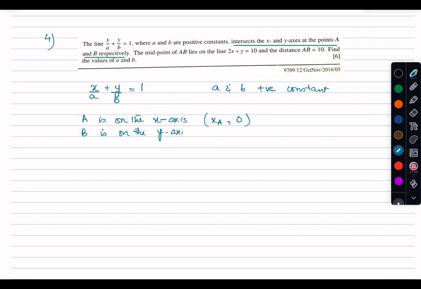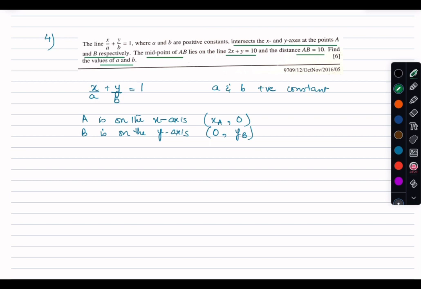So if it lies on the y-axis, then the x-coordinate needs to be 0 and it should be having a certain y-coordinate. And the other information that we have says the midpoint of AB lies on the line 2x plus y equals 10 and the distance AB is equal to 10.